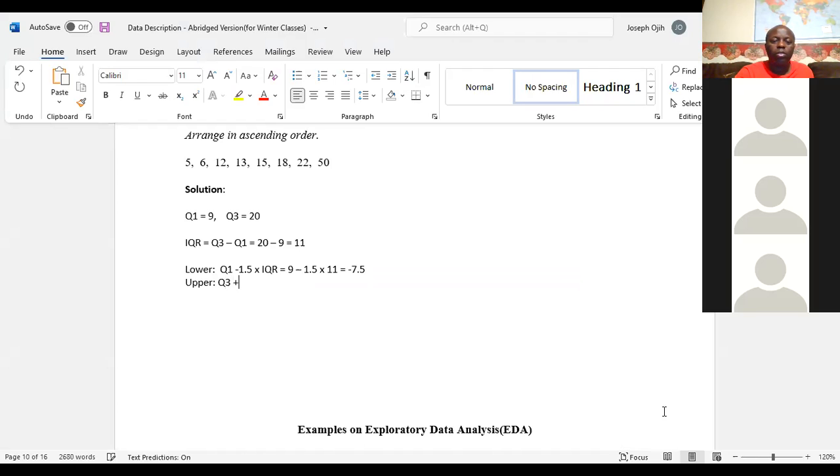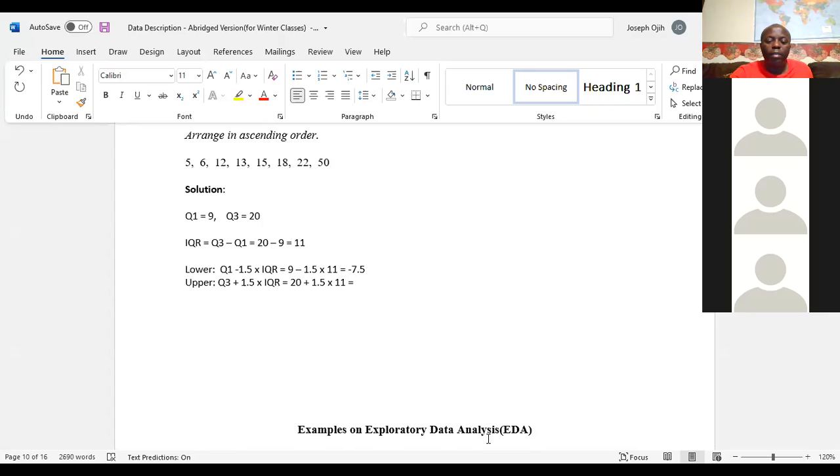Plus, this time we use plus 1.5 times IQR. And our Q3 is 20 plus 1.5 times IQR of 11.